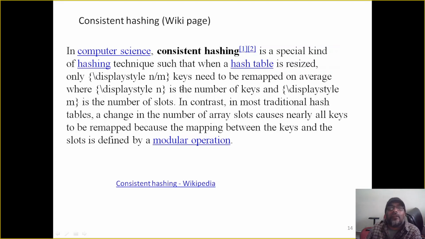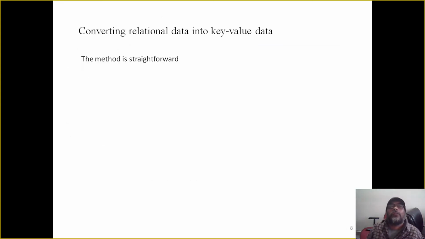Only a few keys need to be remapped on average, where the numbers are the number of keys and the number of slots. In contrast, in most traditional hash tables, a change in the number of array slots causes nearly all keys to be remapped. So now we come, it is very simple, to how relational data can be converted into key value data.